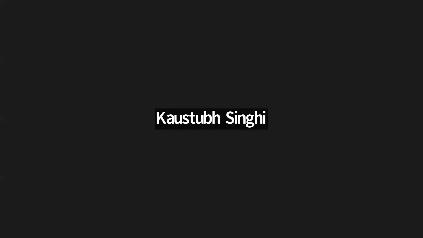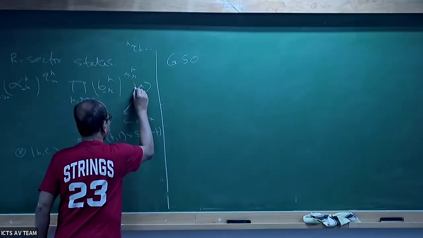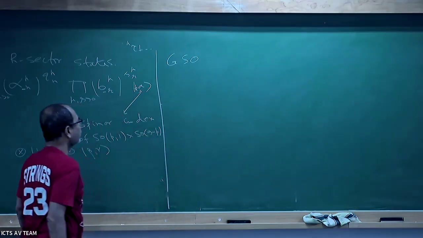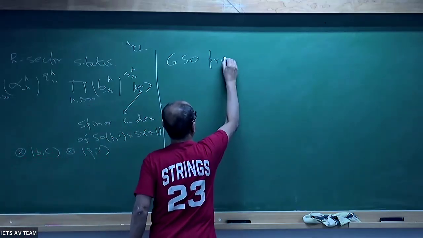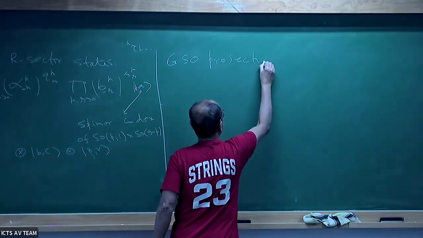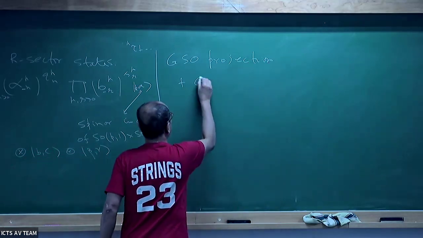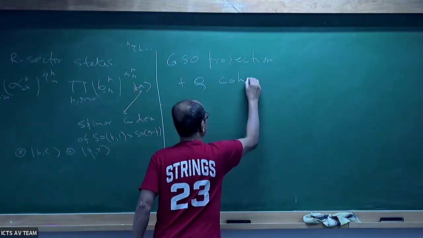Then you have to impose, there's a K also, right? A comma K. Yes, thank you, K comma A. We put the GSO projection plus the Q cohomology condition.